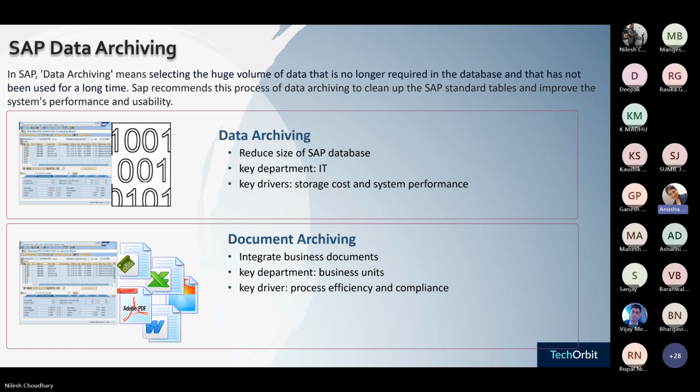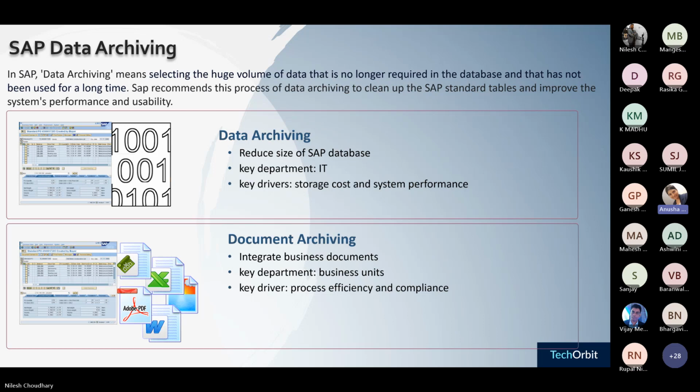Those scanned invoices or paper documents would eventually consume so much space in your database system. So in one way, we are speaking about increasing data, and in the other way, we are speaking about increasing paper copies or scanned documents.